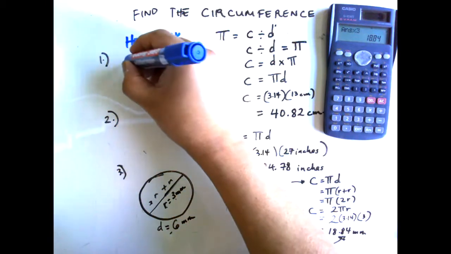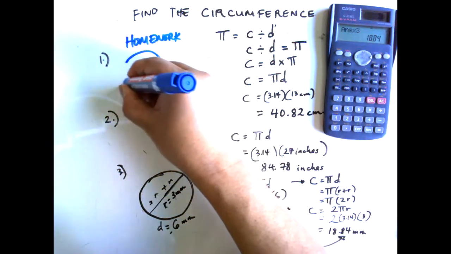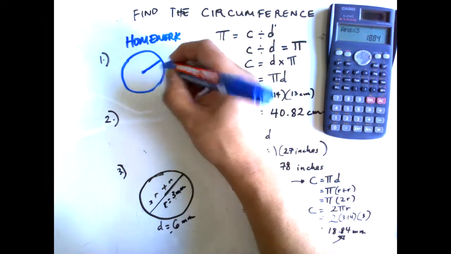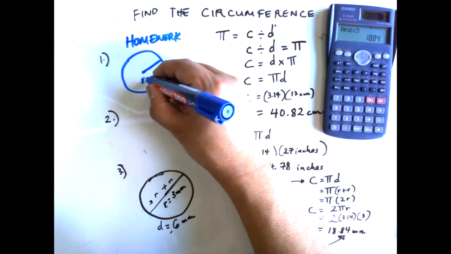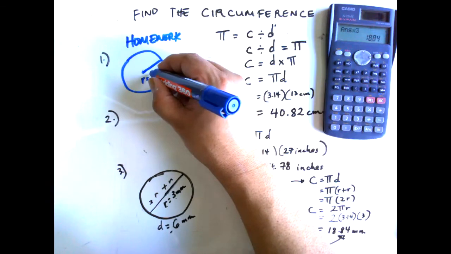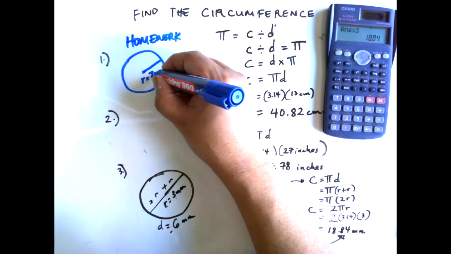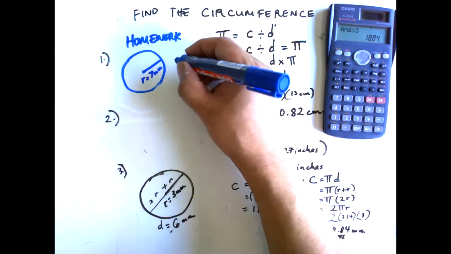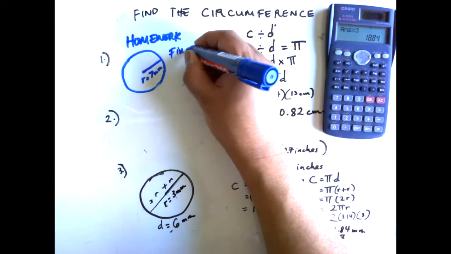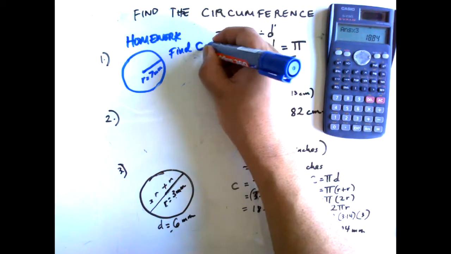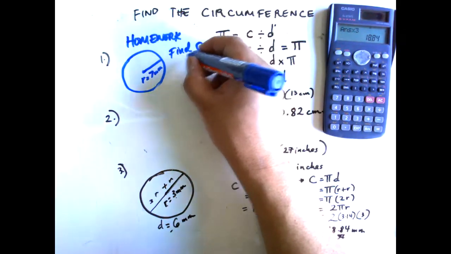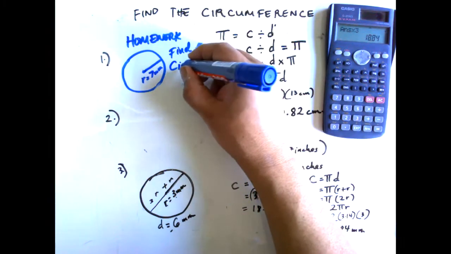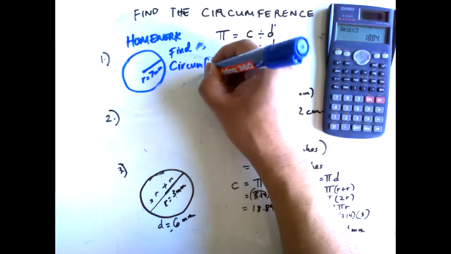If you have a circle with a radius of 7 mm, what is the circumference? Find the perimeter of the circle, which is the circumference.